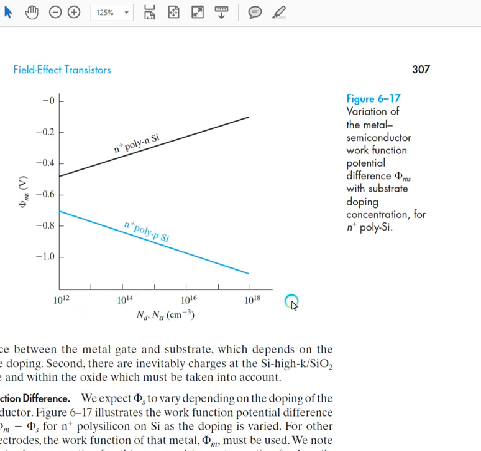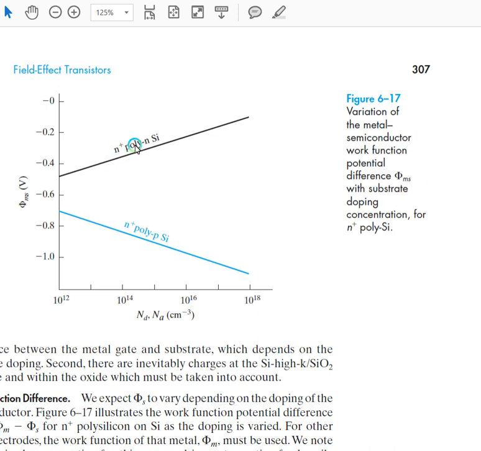Along this side we have the doping concentration, whether acceptor or donor doping. When the gate is N and the substrate is P, the work function difference will always be negative and it will be more than 0.6.